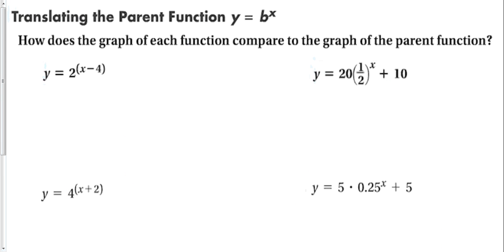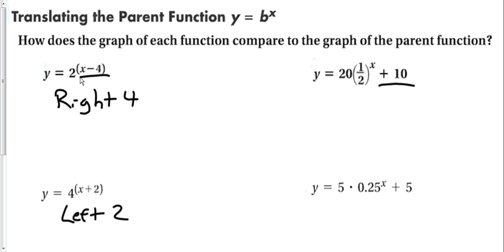Alright, next. All we're going to do here is decide what these functions do. Here, I have x minus 4 in the exponent. This is going to move to the right 4. Down here, a plus moves us left 2. Here, the 10 makes us go up 10.